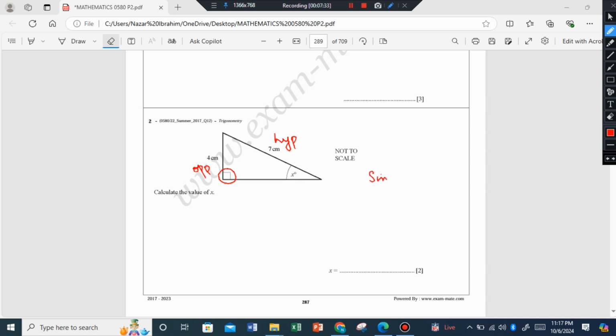The unknown angle is labeled as x. So sine x is equal to 4 upon 7. Again putting in calculator, sine inverse 4 upon 7.